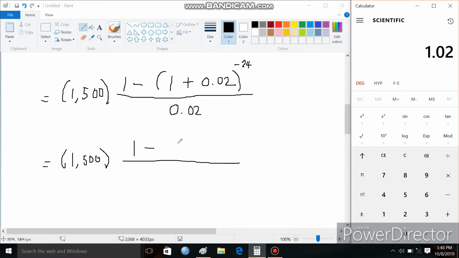We have 1.02 raised to the power of negative 24. Then copy this one, 0.02.